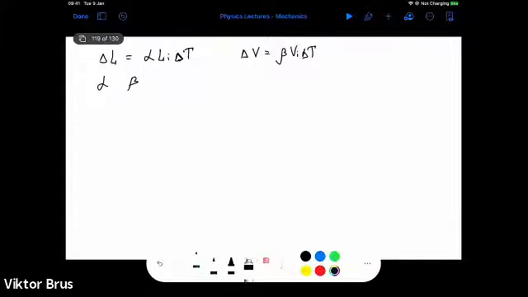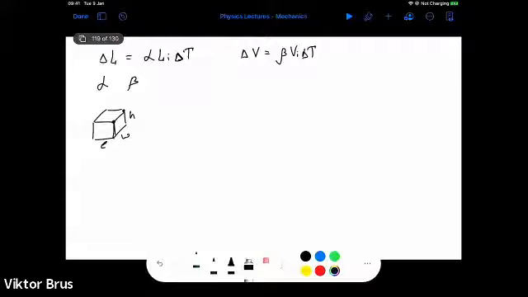For this, let us consider some box with sizes, let's say L, W, and H. And consider that it possesses uniform properties in all directions, so it expands uniformly in all directions.